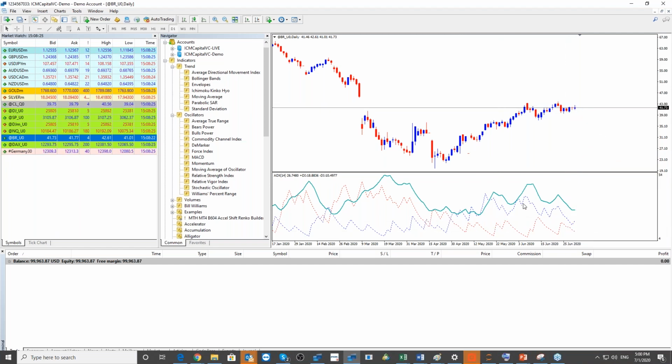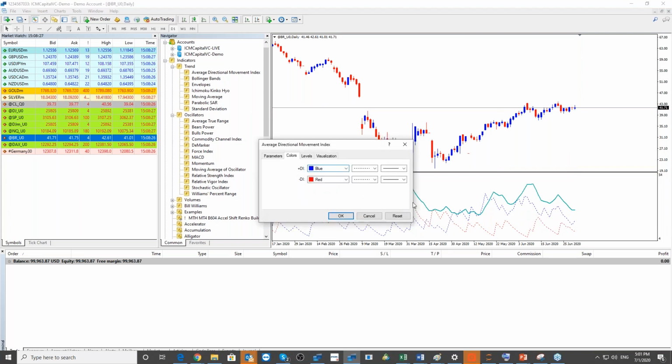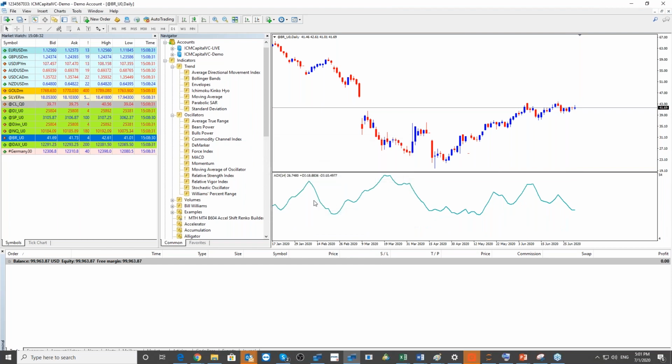Some of the traders do prefer to use only the ADX line alone, so they omit the positive and the negative DI, so they only use the ADX. They have some other indicators to help them get their trading signals, but they use the ADX just to filter the strength of the current trend.